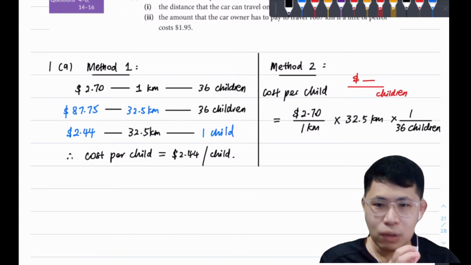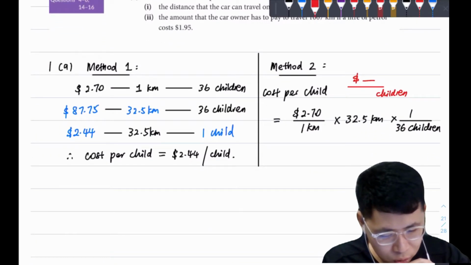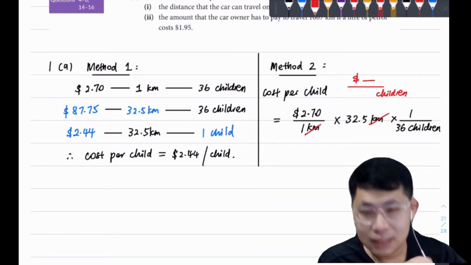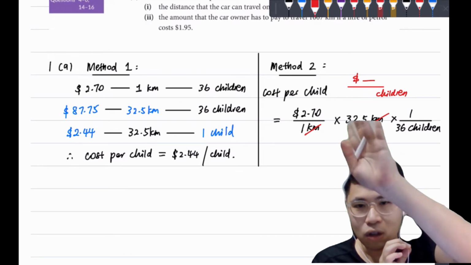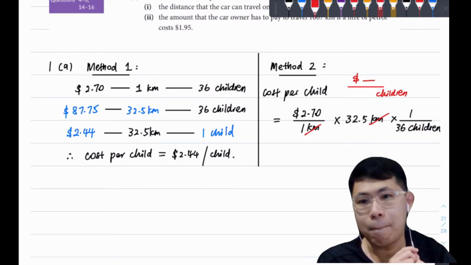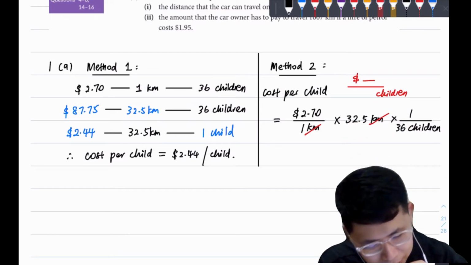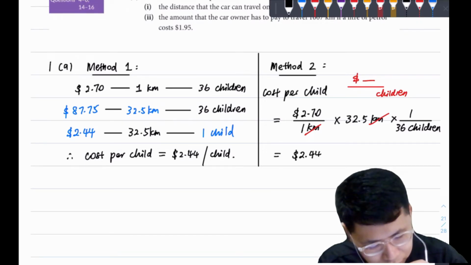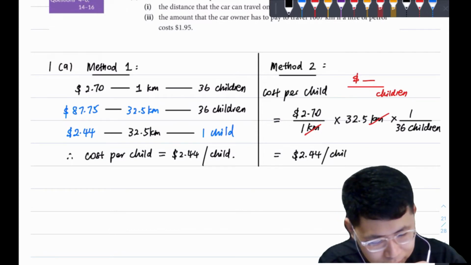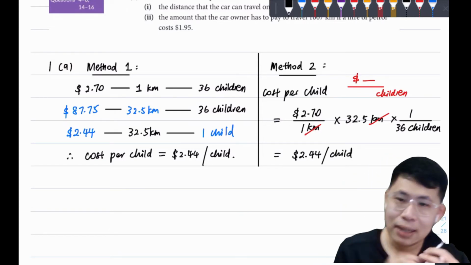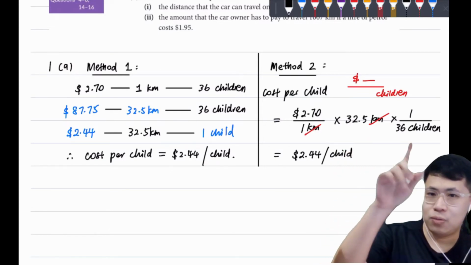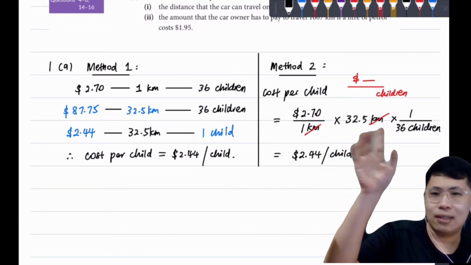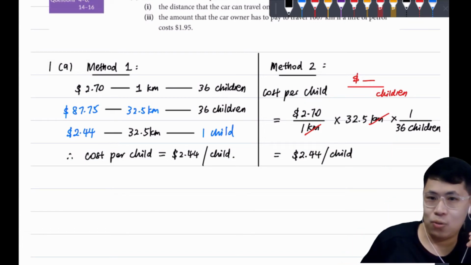So let's check the units, does it tally? Kilometers and kilometers can cancel. So I have a dollar on top, the children at the bottom. So I can do this multiplication, and this should also give me $2.44 per child. Okay, so technically speaking, we can use fractions, we can chain them together, and just need to ensure that the extra things are being cancelled away.